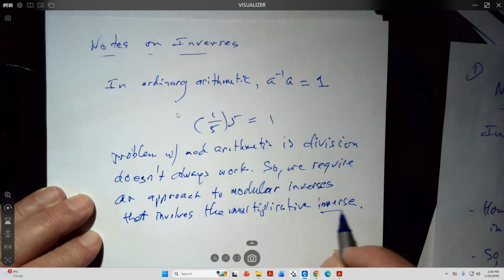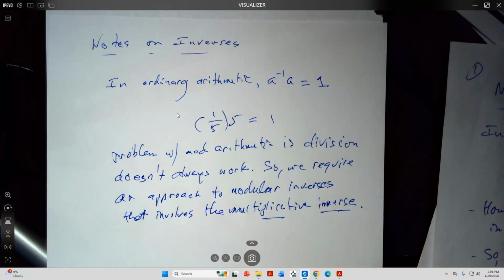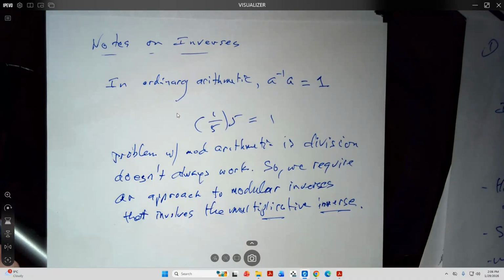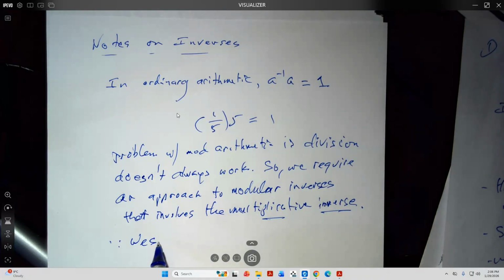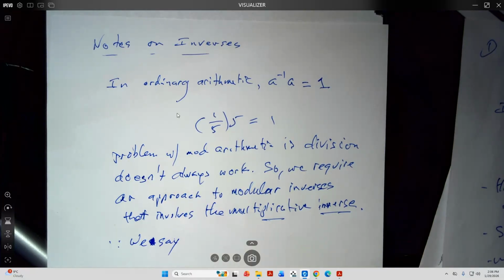Inverse, okay. The multiplicative inverse. So if we define it this way, we say A prime is the inverse. You can also put a bar over it.